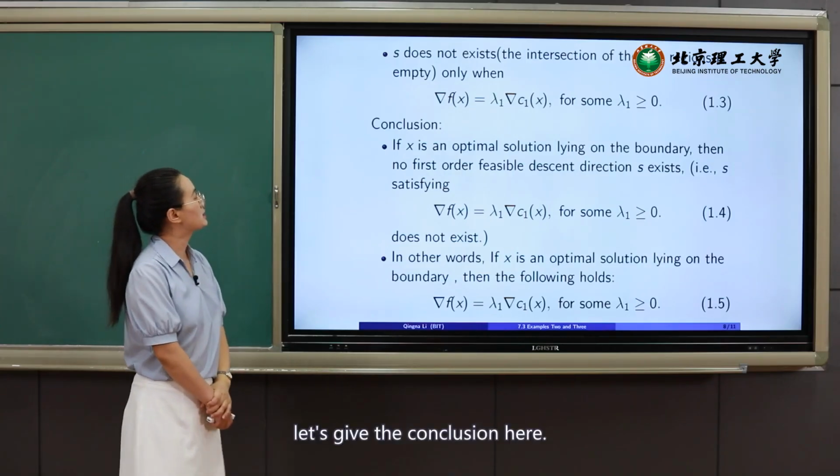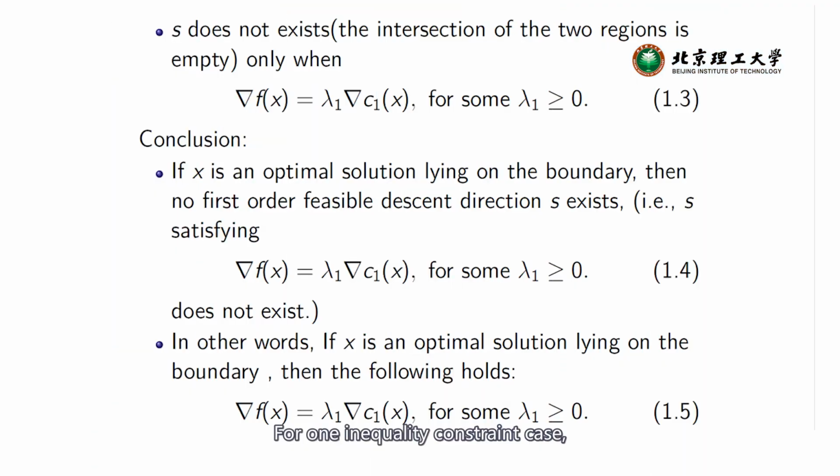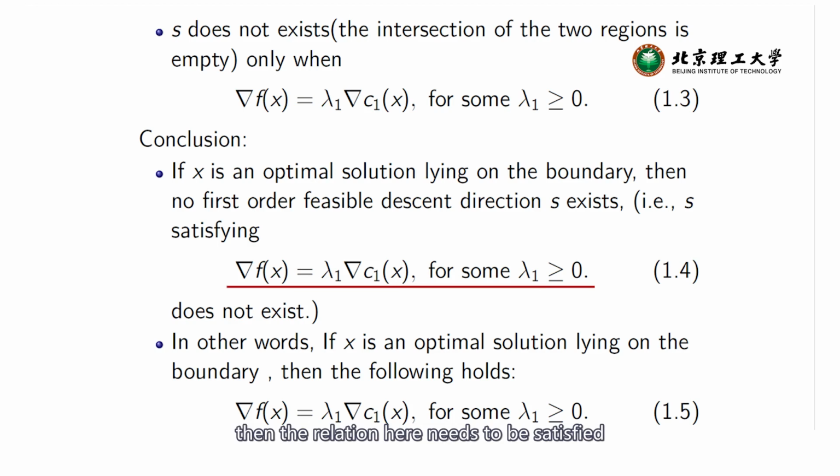Now, let's give the conclusion here. For the one inequality constraint case, if x star is an optimal solution on the boundary, then the relation here needs to be satisfied, with the coefficient lambda 1 being non-negative.